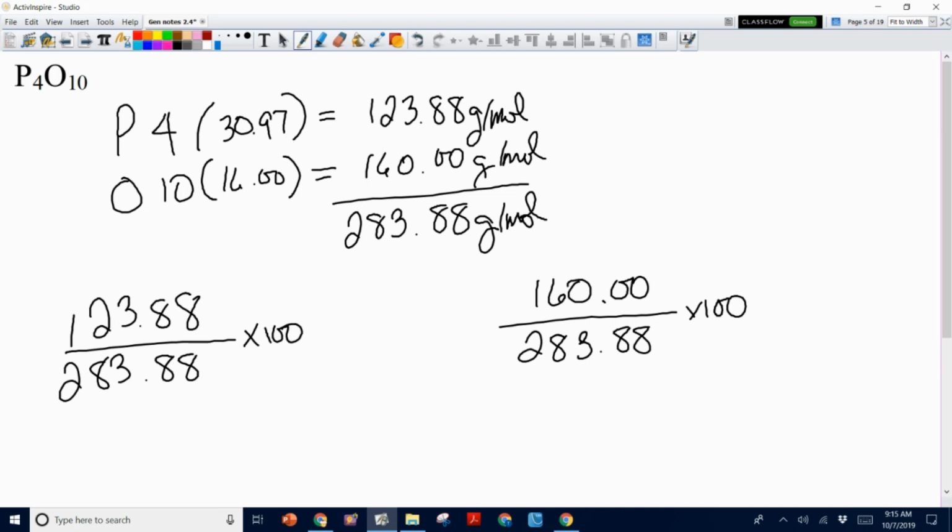All right, calculators, 123.88 divided by 283.88 times 100. We're going to get 43.64. And then the other one, 160.00 divided by 283.88 times 100, 56.36.